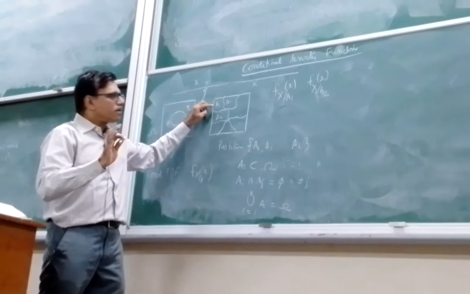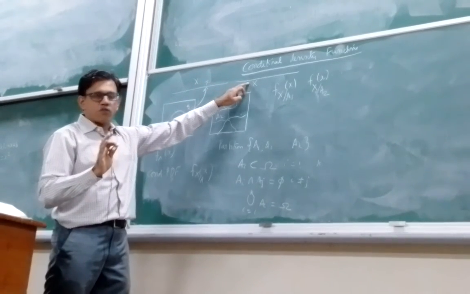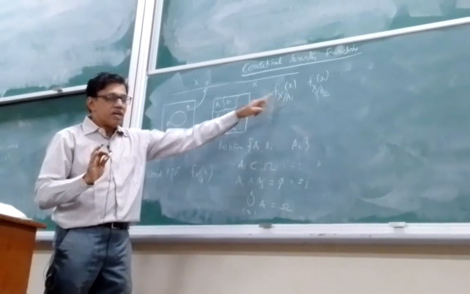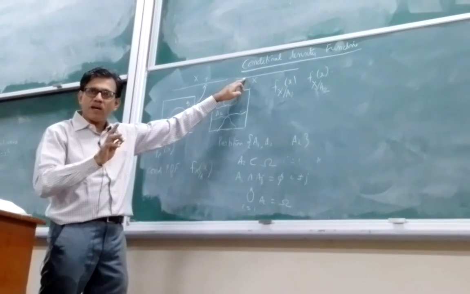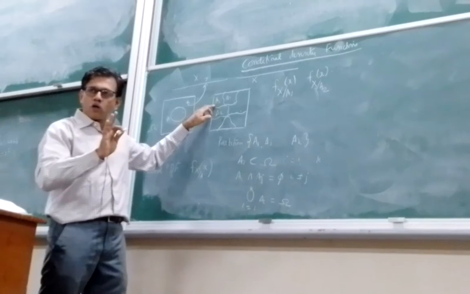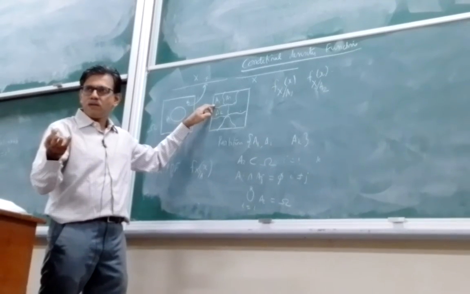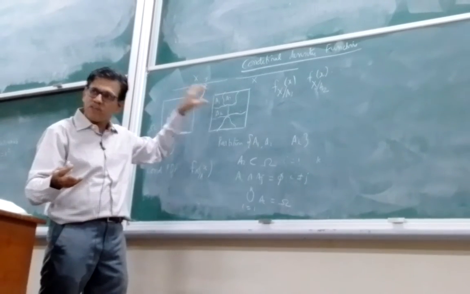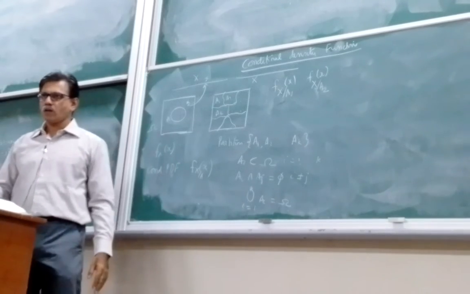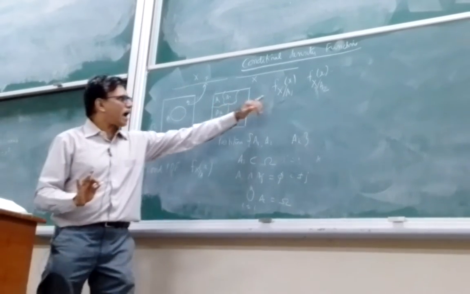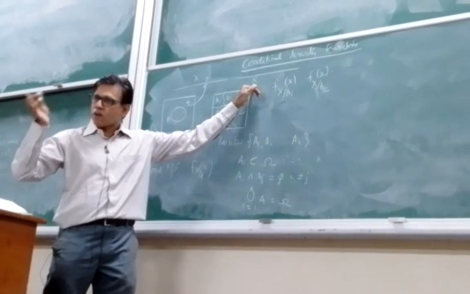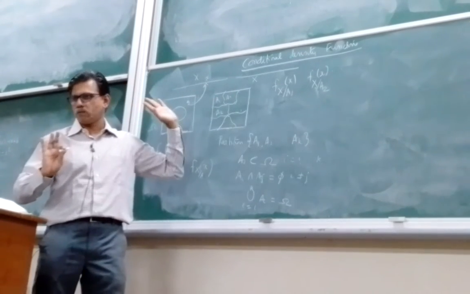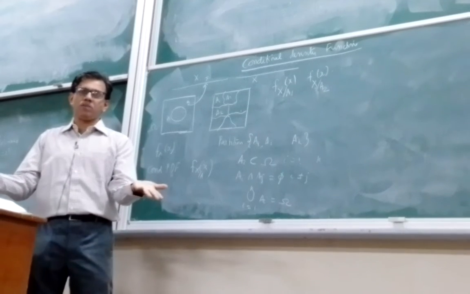If there is any value of x for which you want to compute it, and there is a sample point that maps onto this x, then only, since we are told A1 has happened, which means only a sample point within A1 has been realized, the random variable X can only take those values which are mapped from the sample points belonging to A1. Other values are not possible.